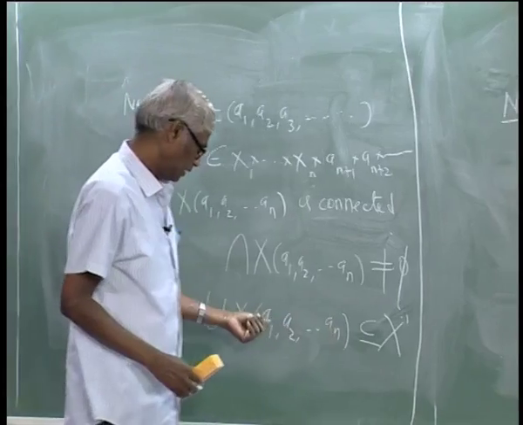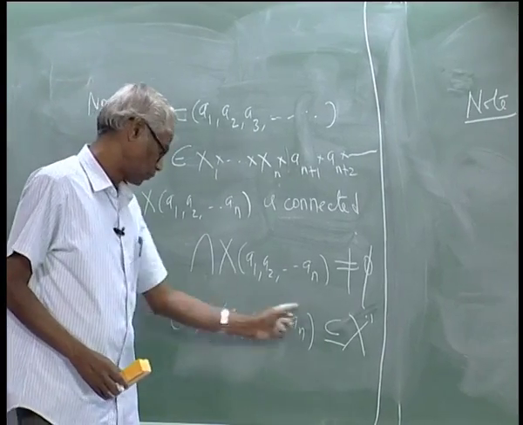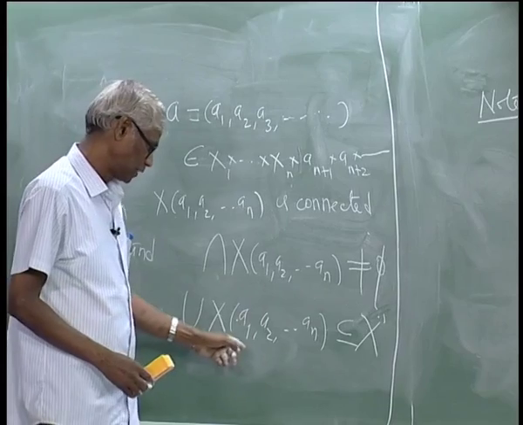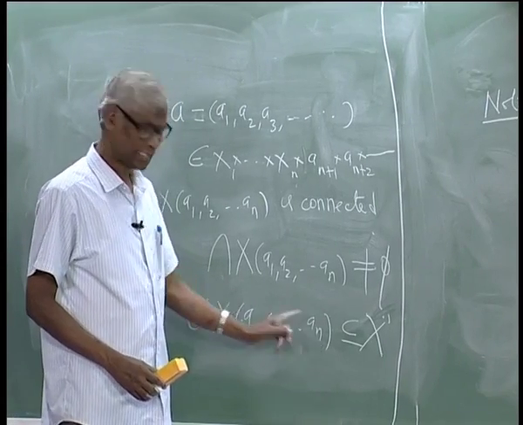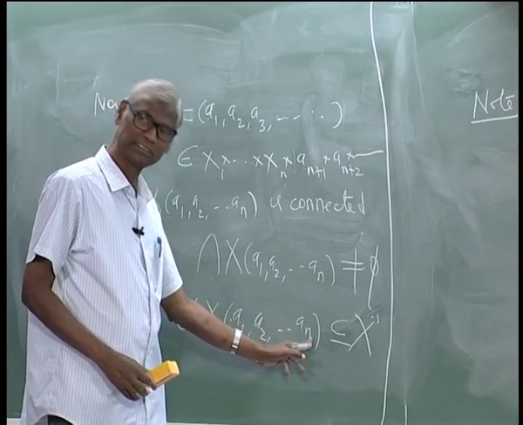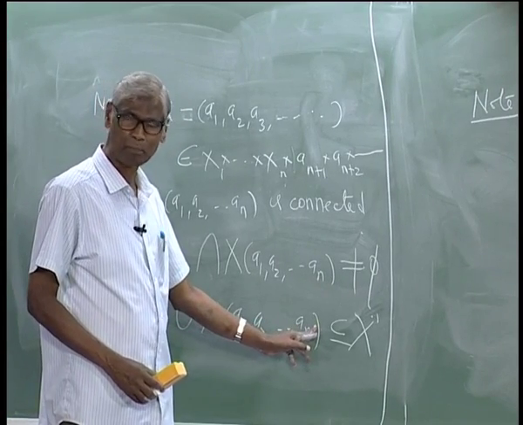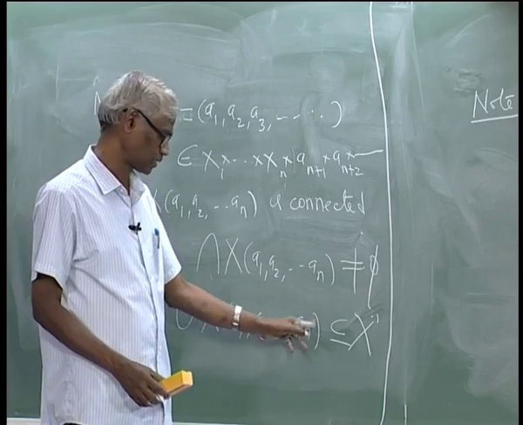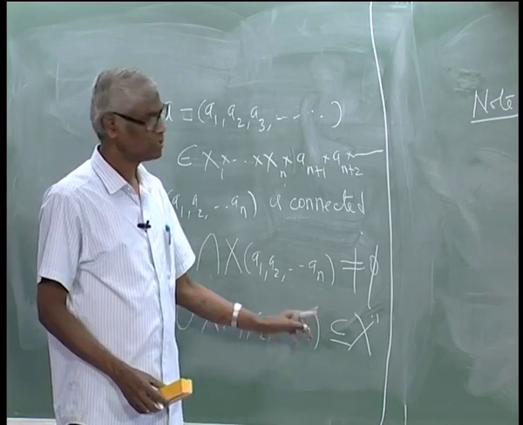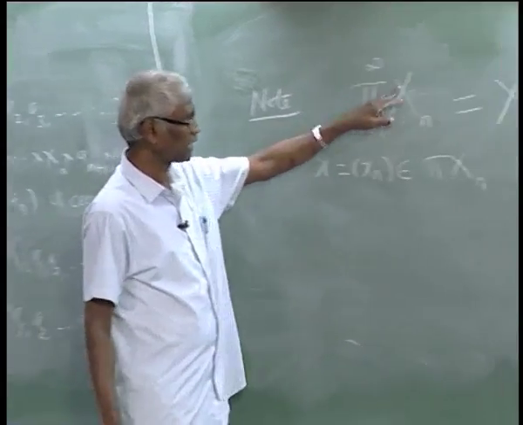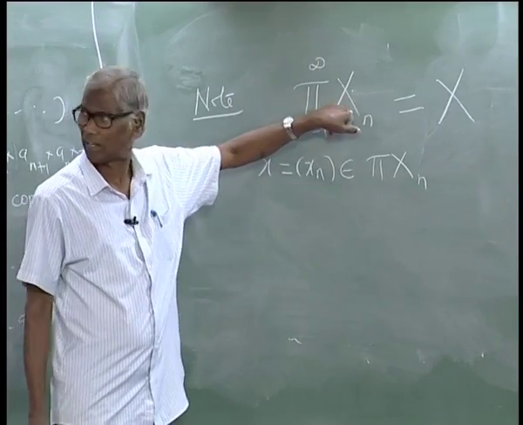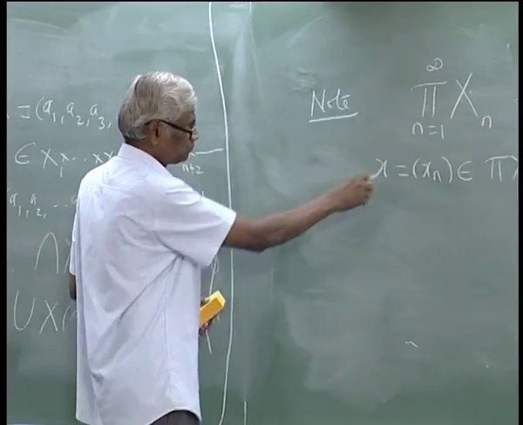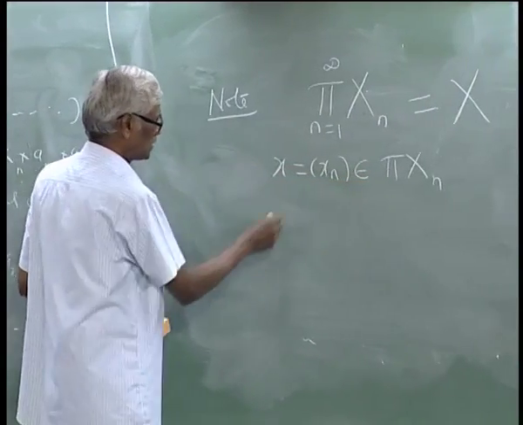But if we take an element in the union, it will be in one of the X(A1, A2, ..., An). That means after the nth stage, the (n+1)th coordinate should be a(n+1), but an arbitrary element need not be in this collection.